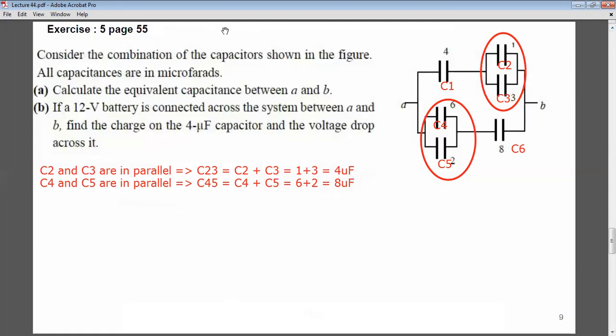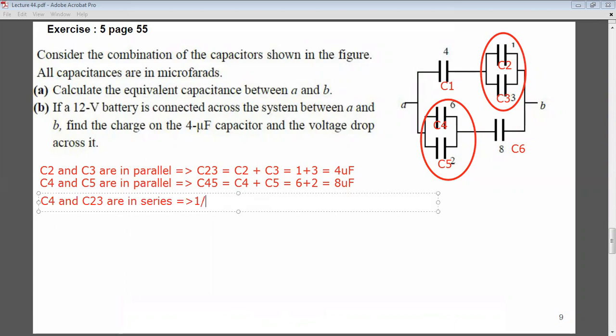C1 and C23 are in series. Okay, implies, so here I have to use 1 over C123 is equal to 1 over C1 plus 1 over C23.